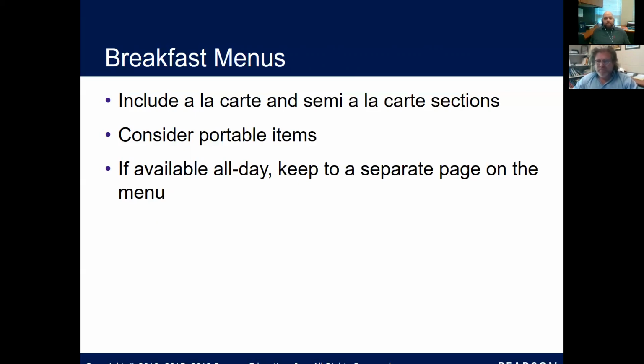Breakfast is the meal in America that is most often eaten on the go. That's why things like bagels are wildly popular, because you can eat them as you travel. If you provide breakfast all day, have a separate breakfast menu.